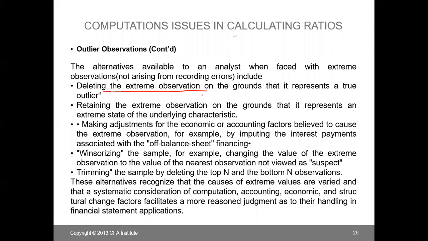Another solution is to retain that extreme observation because it indicates something exceptional, and when you retain it, you are considering some extreme situations also in your analysis. And another solution which I would like to highlight is Winsorization, which is usually used in academic research.